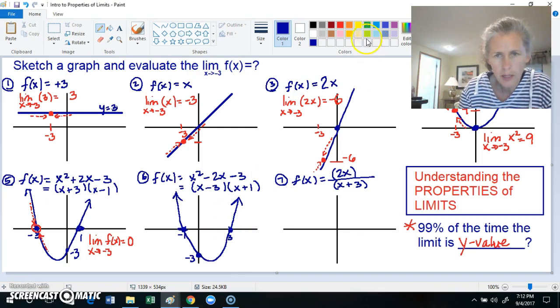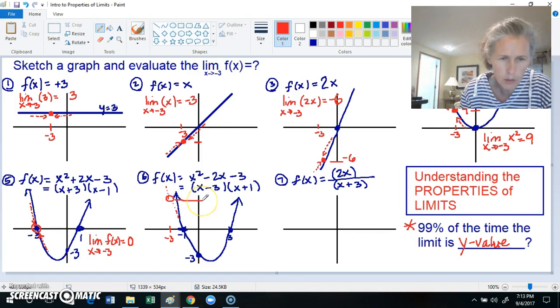What is the limit as x approaches -3 from the left? Oh, well, -3 is way over here somewhere. So as we approach from the left and as we approach from the right, what y value do we get close to? Well, I don't know. But most of the time, the limit of the function is the y value of the function. So let's plug in -3.